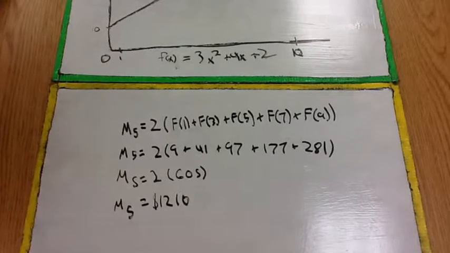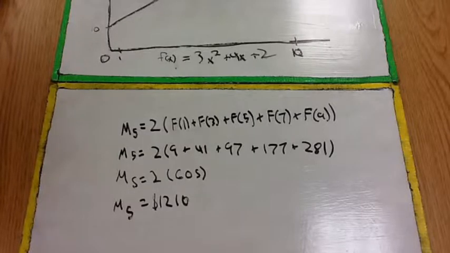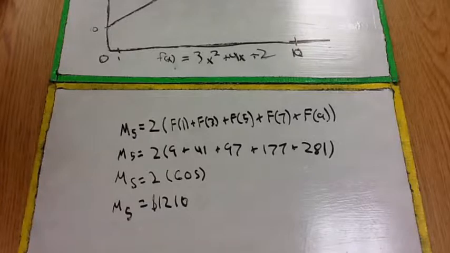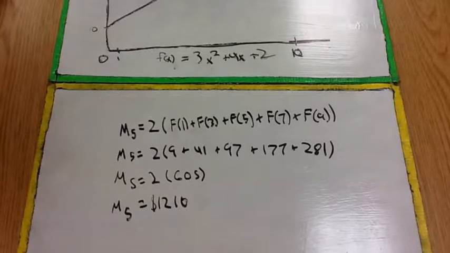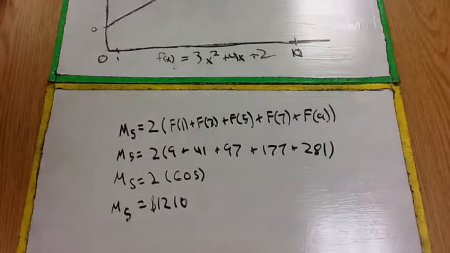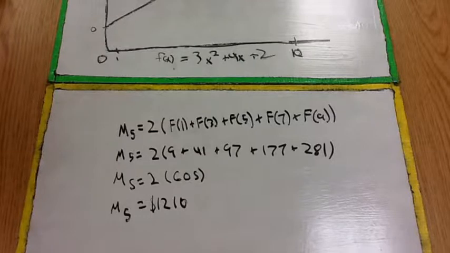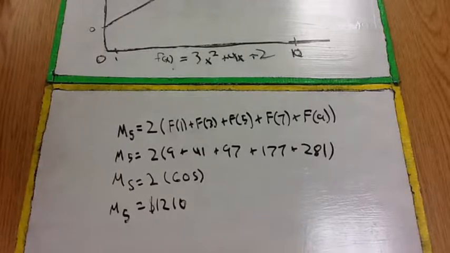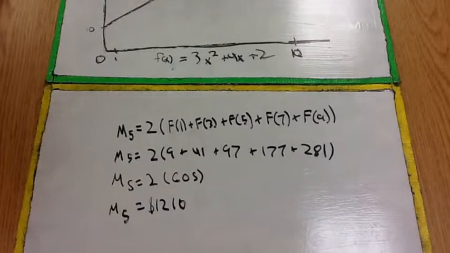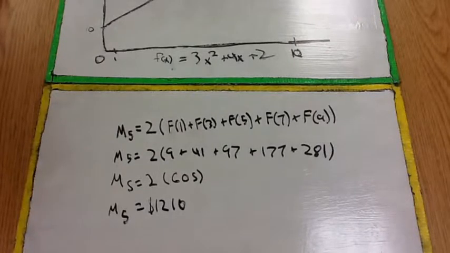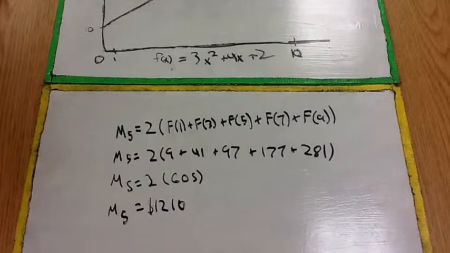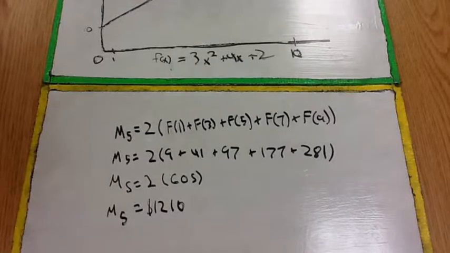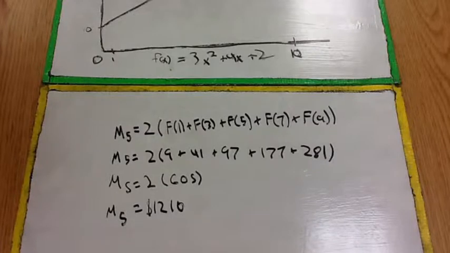And in order to find your change in width, you have to take your total interval, which is 10, divided by the number of rectangles you're going to use, which is 5, and you get 2. Next, you need to find what points you're going to be plugging into the function, and we do that by figuring out what the midpoint of the subinterval is.